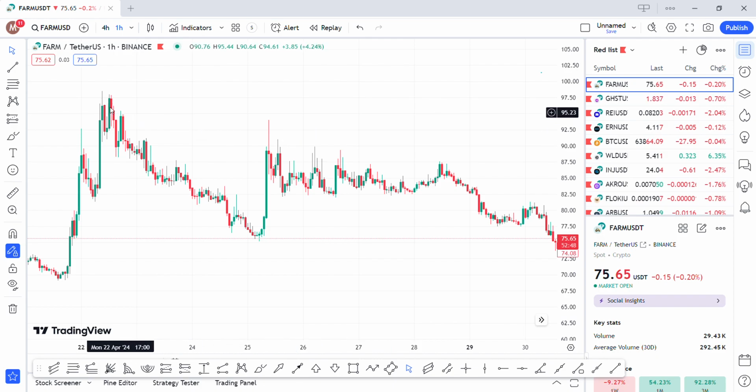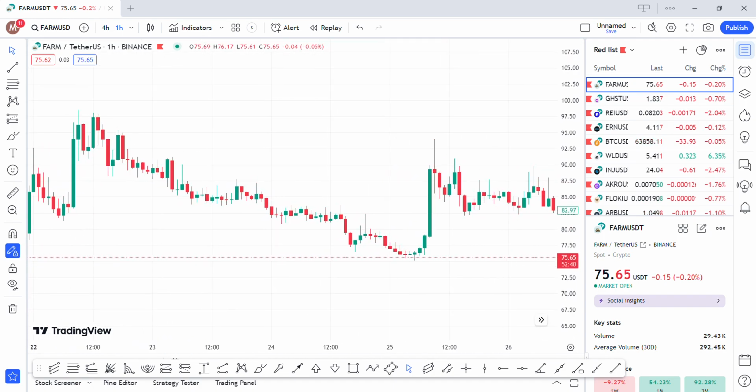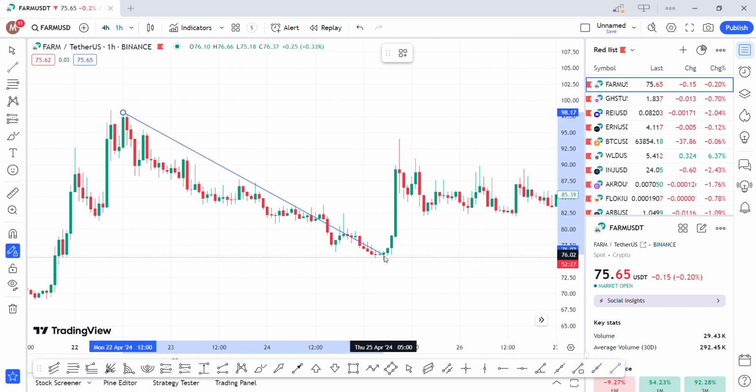As you can see in this diagram, let me zoom in. I'm interested in this particular one. If you take your trend line and look at this line, you will discover that this is absolutely a downward trend.